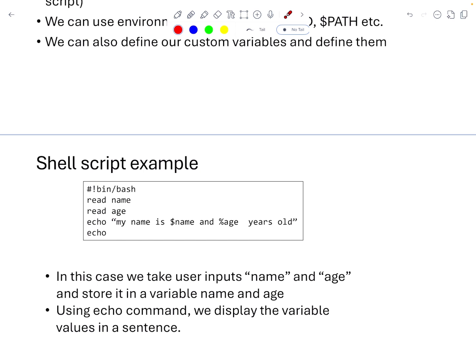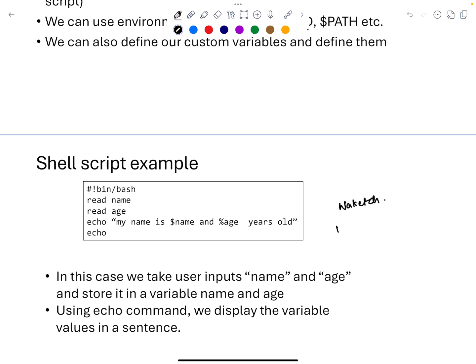When I say read name, whatever the user types in, suppose they type shack, name will get shack. And then I'm asking the user's age. I'm trying to invade their privacy, it looks like. Whatever age they want to give, that number will be stored in age.